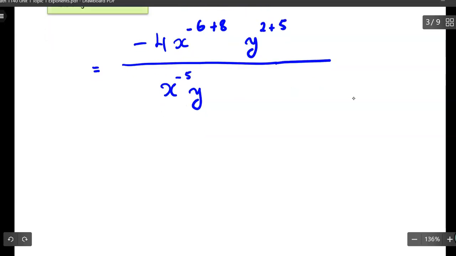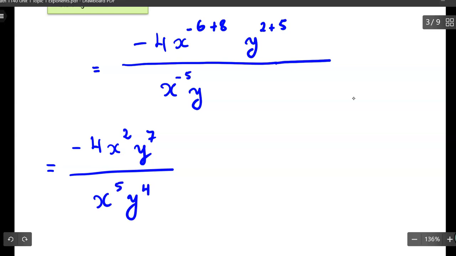I will have -4 x raised to the exponent -6 plus 8, which gives me 2. 2 plus 5 will give me 7. So here it is. Now you can go ahead and start dividing by y to the exponent 1.